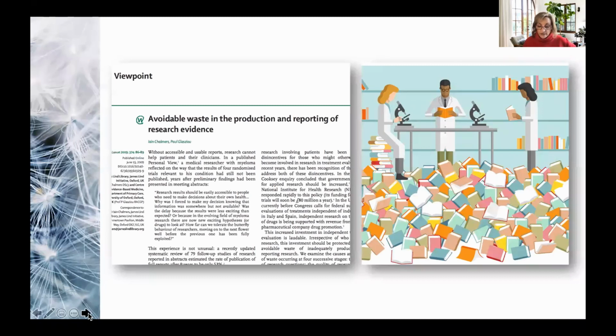But not sharing leads to not implementing, and both amount to a lot of wasted investment. Globally, we spend $200 billion per year on health and medical research, and 85% of it is avoidably wasted.